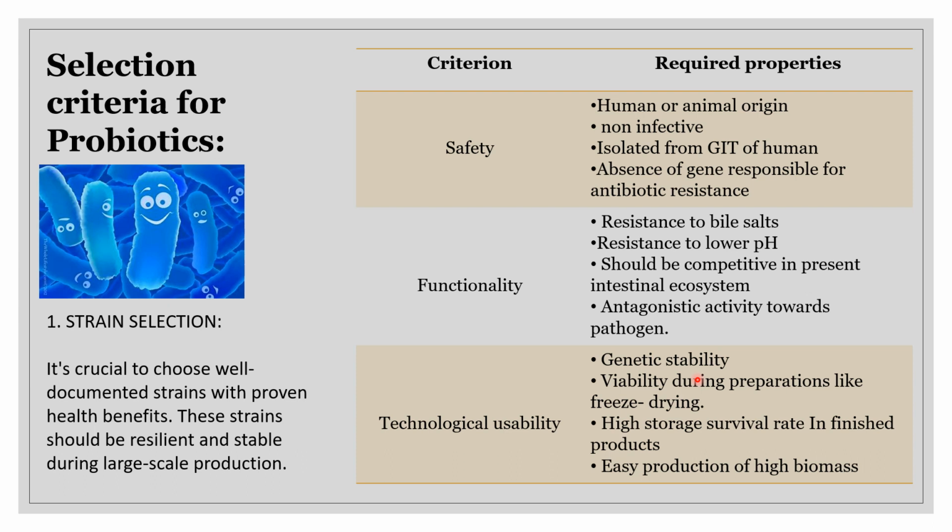That is what I mean here by genetic stability. Then viability during preparation, like freeze drying, high storage survival rates in finished products, and easy production of high biomass. So these are some important selection criteria when it comes to probiotics.